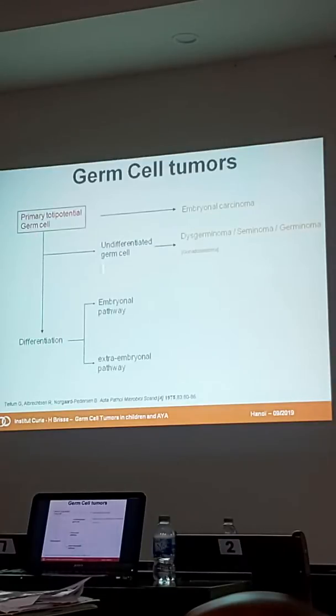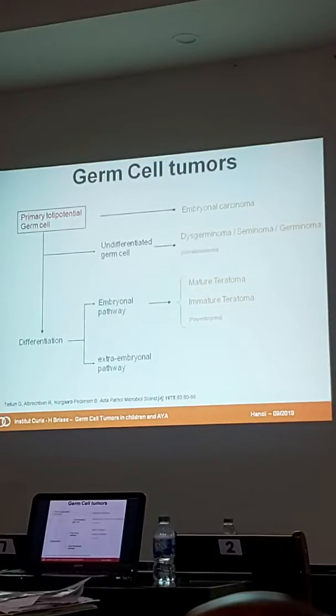Then the germ cells have some degree of differentiation. If the differentiation is according to the embryonal tissue and the developing organs, it produces what we call the teratoma. So if the tissue is completely differentiated, you can find some fat, some bone, some skin inside.